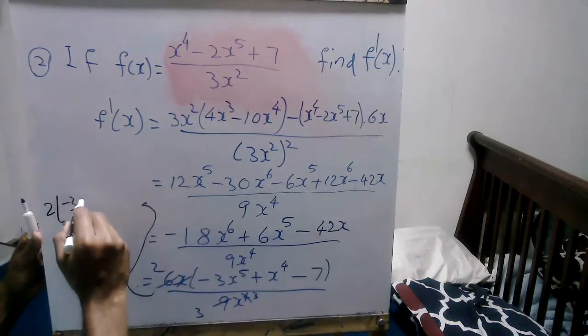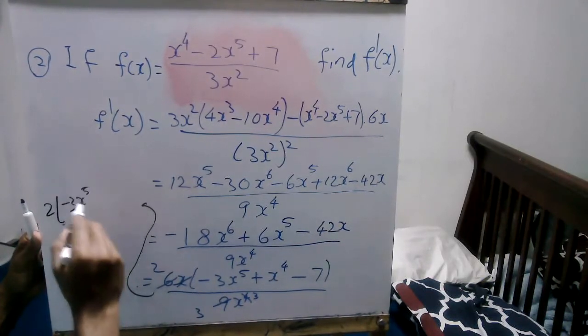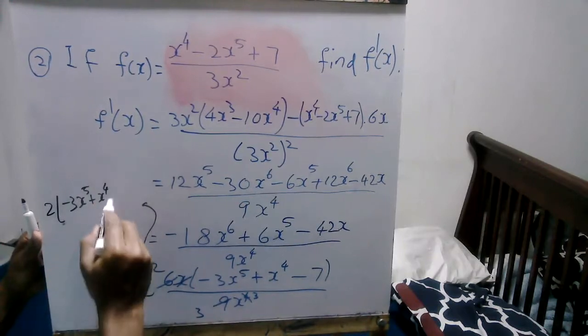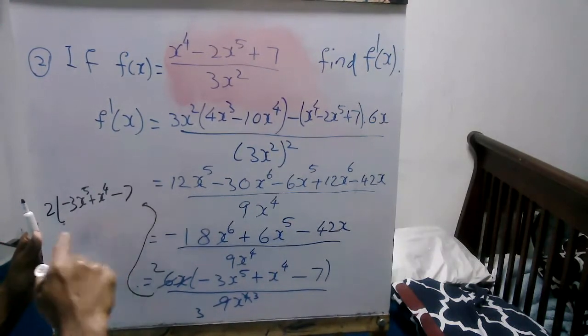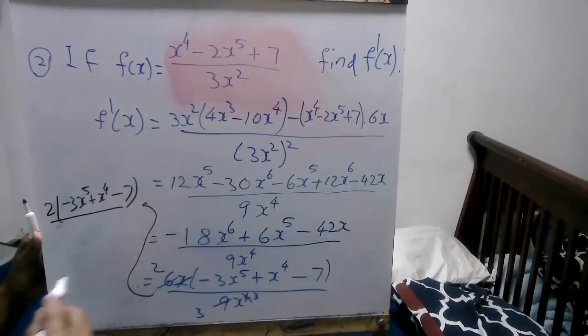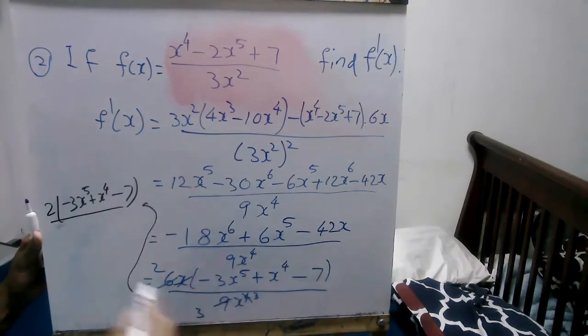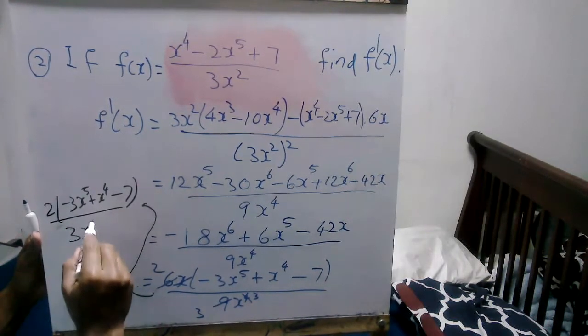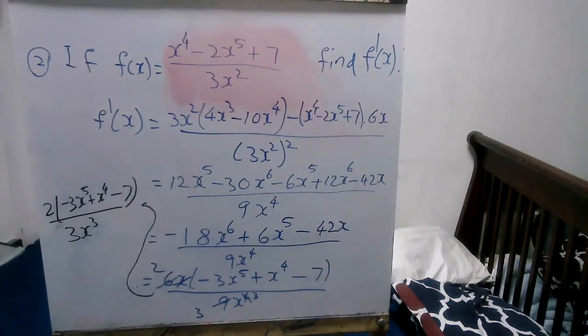Negative 3x to the power 5 plus x to the power 4 minus 7 divided by 3x to the power 3. Alright.